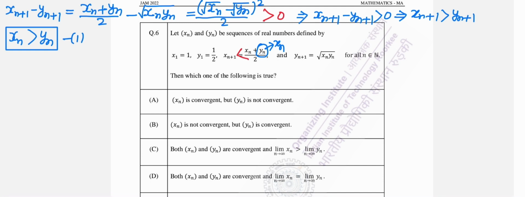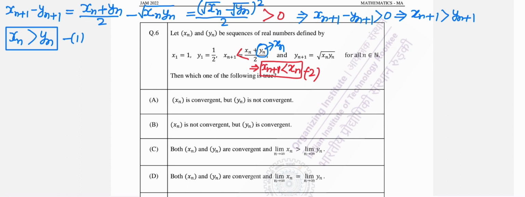So here x n plus 1 will be less than x n. Okay, and this is our relation number 2.